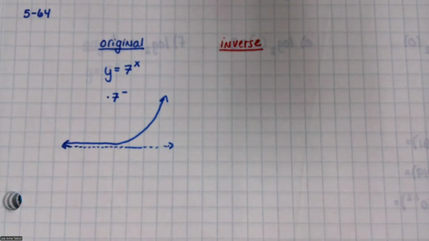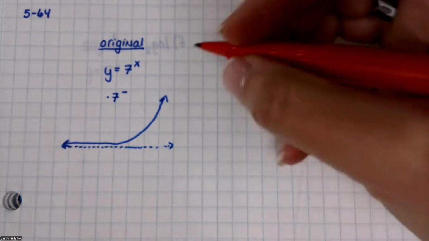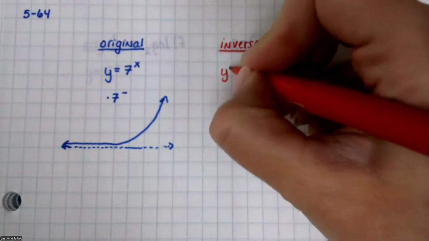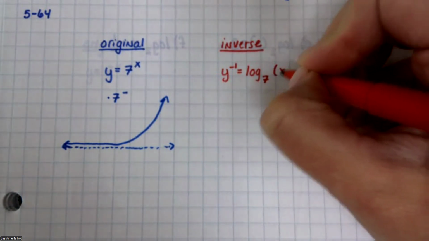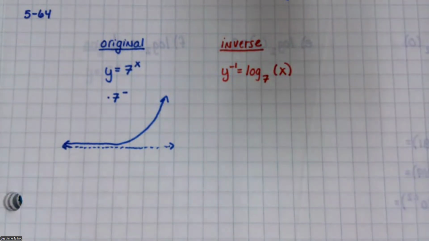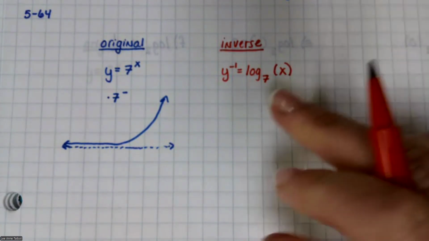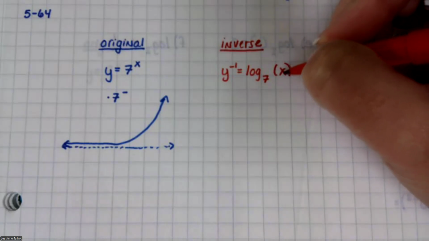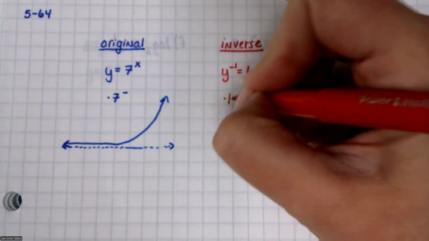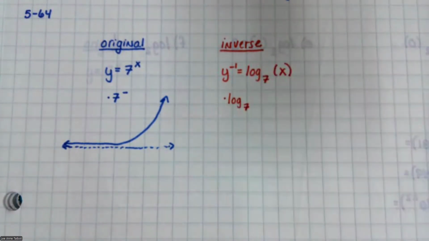Okay, now red pen time. Inverse. Log base 7 of x. And what would be the first step that I would do if I plugged a number in here for x? It would be log base 7.